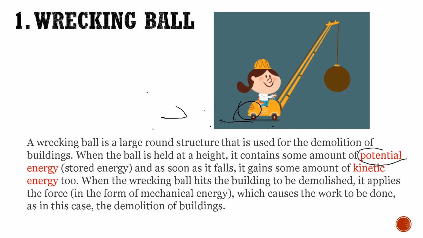So by now, after the ball is falling, we have a mechanical energy, which is the potential that is stored, and the kinetic, which was from the movement. This mechanical energy causes a work. This work helps the ball to make a demolition on the buildings.